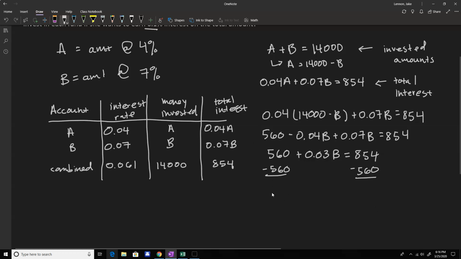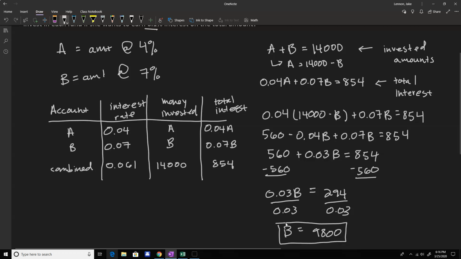So we know that our 0.03B is going to be 294, and then we just divide by 0.03 on both sides since we're multiplying B by 0.03. So we get the amount in account B is 9,800. So that's the amount in account B.